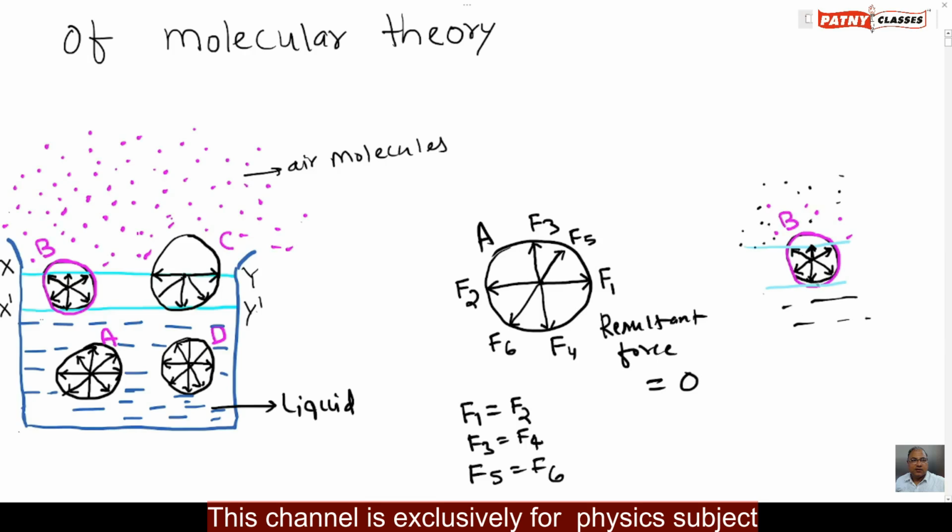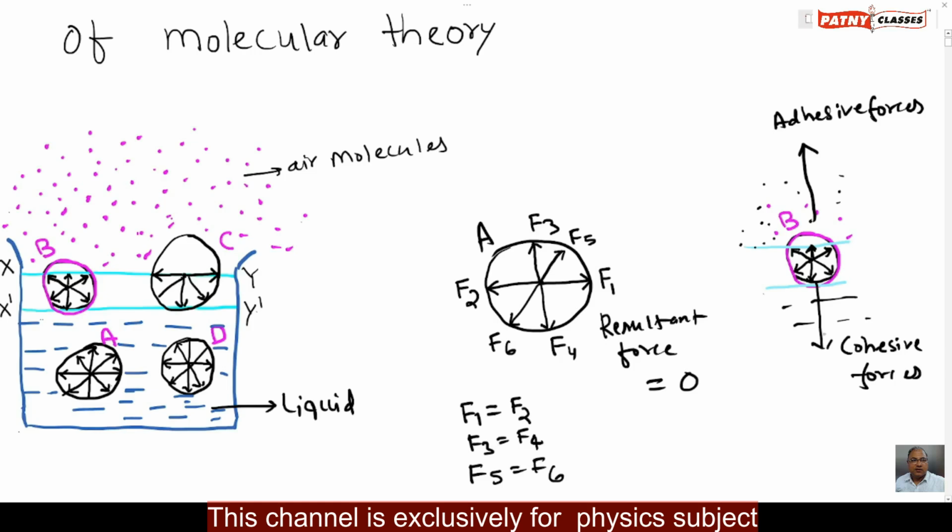So molecule B is attracted in the downward direction due to cohesive forces, and it is attracted in the upward direction by adhesive forces. So two types of forces are acting on molecule B. One is the adhesive force, another is the cohesive force.